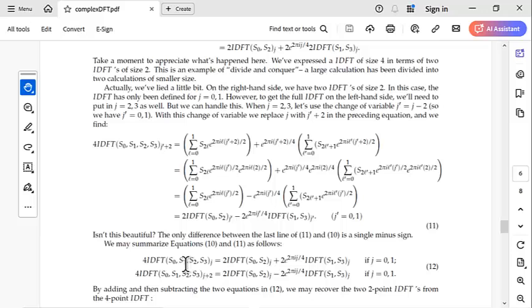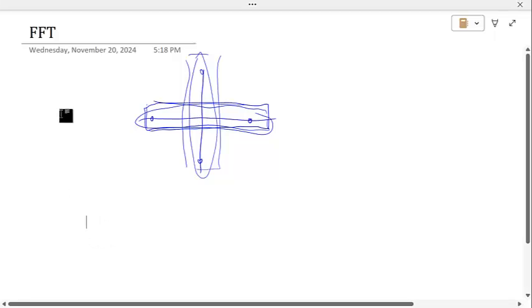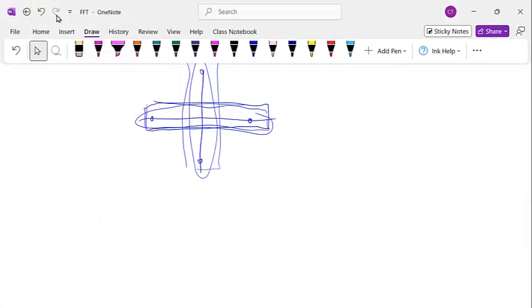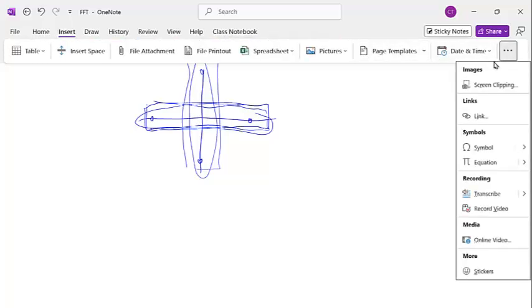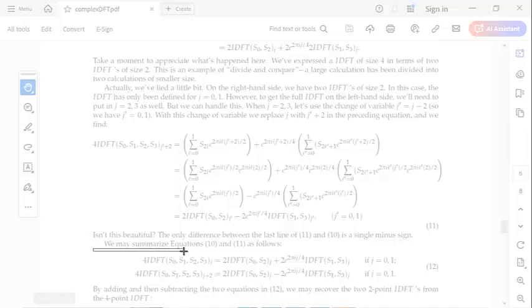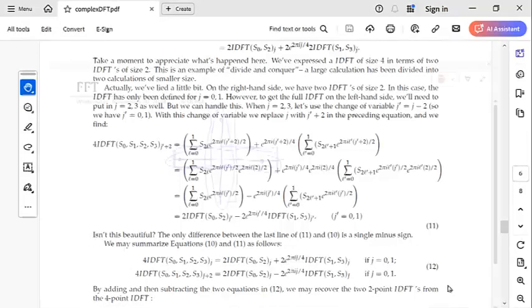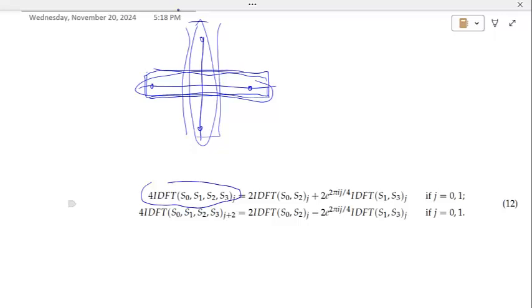Let me just emphasize that. I'm going to grab this and put it in here. So let's insert that. Okay. So this here is actually equal to 4 times S0, S1, S2, S3.